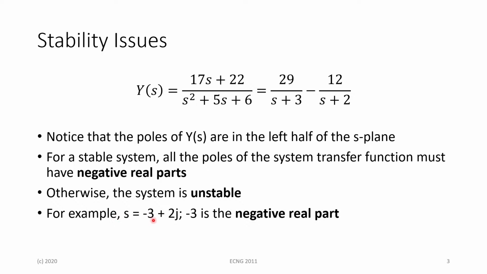Being at s equals -3 on the left-hand side, that's s less than 0. And the 2j here, because the axes are imaginary versus real, just determines the vertical translation of that pole. But in general, it's still going to be on the left-hand side of the s-plane.